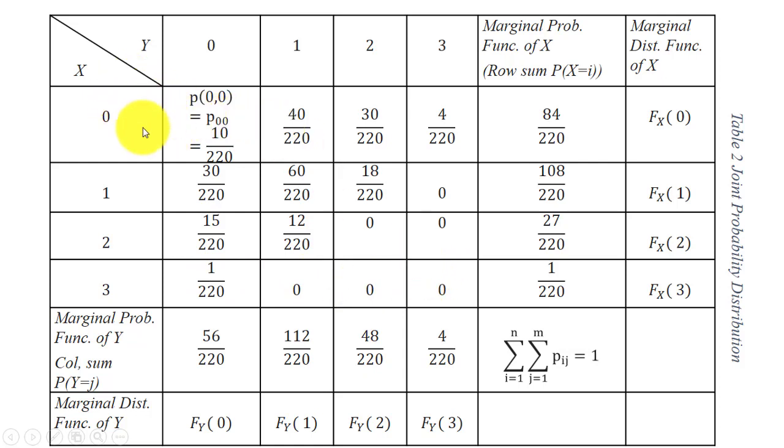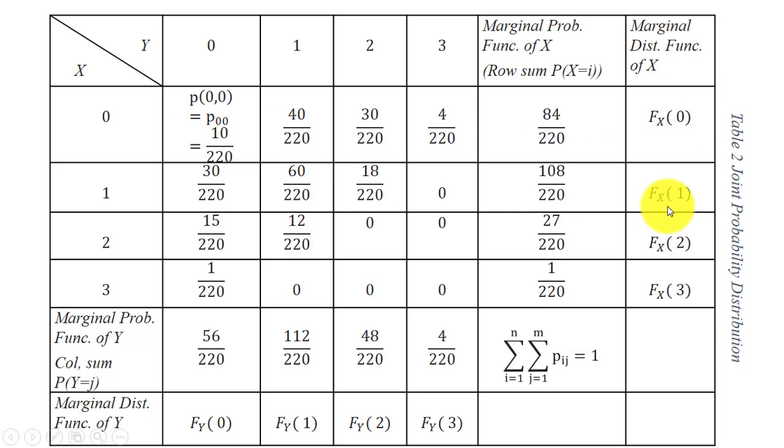And if you take the sum here, observe that the first row in this table denotes that 0 red balls get selected. When 0 red balls are there, what is the probability of getting 0 black ball, 1 black ball, 2 black balls, 3 black balls. If you take the sum of all these, then it's 840 by 220. So it's a marginal distribution function fx of 0 when x is 0, that is the sum of all the probabilities where x is 0.